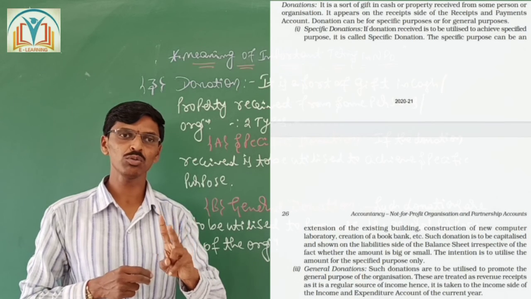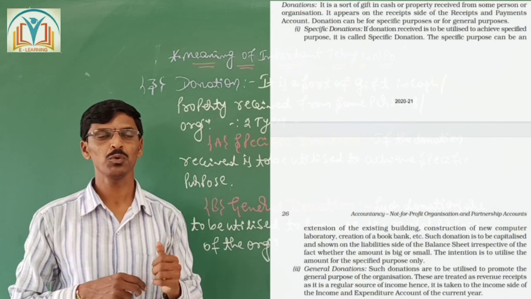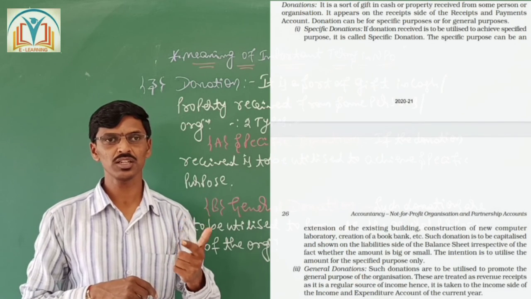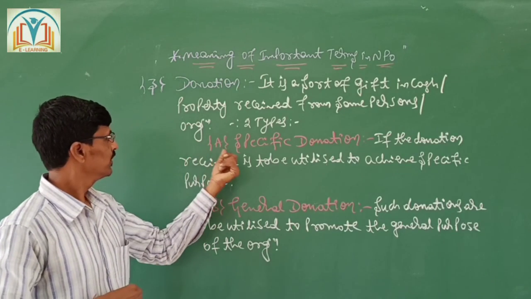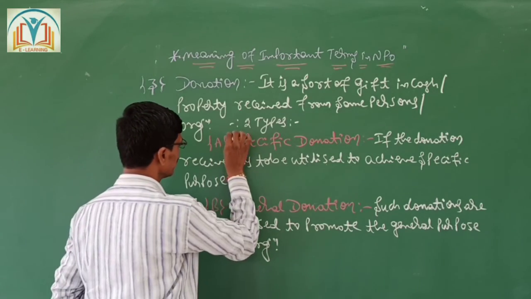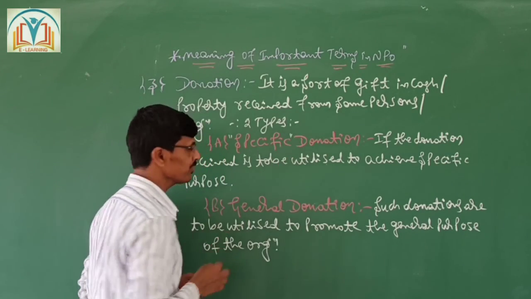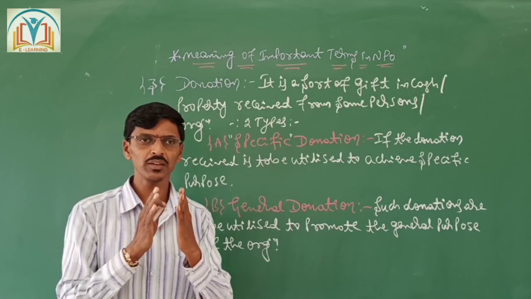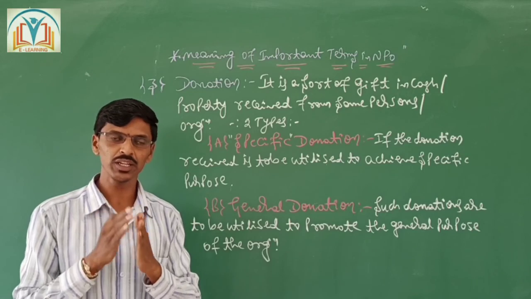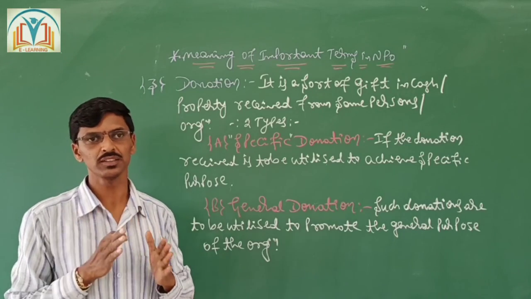There are mainly two types of donations. One is specific donation, and the second is general donation. The word itself indicates that specific means there will be a purpose for utilizing the donation amount for a specific thing.